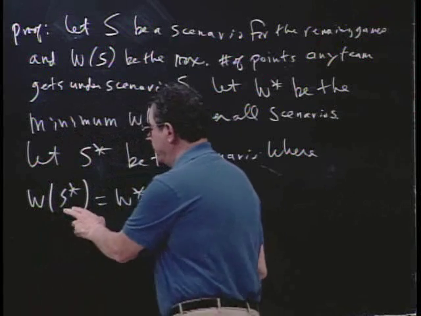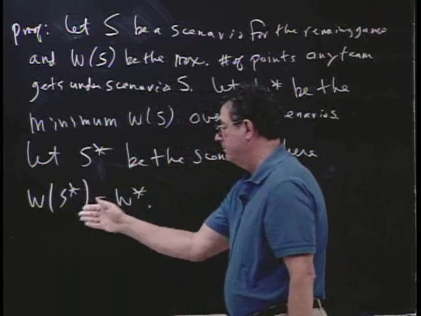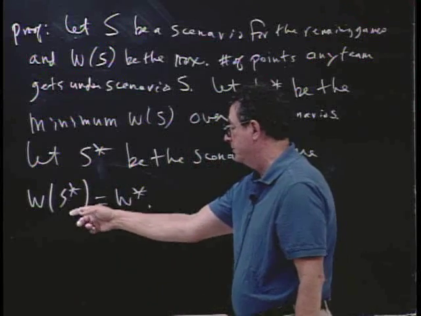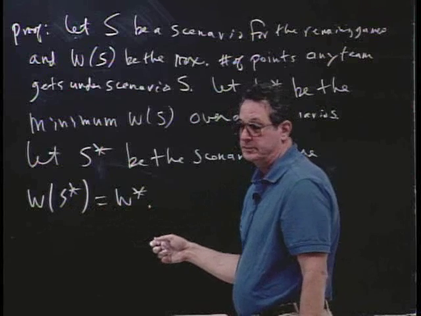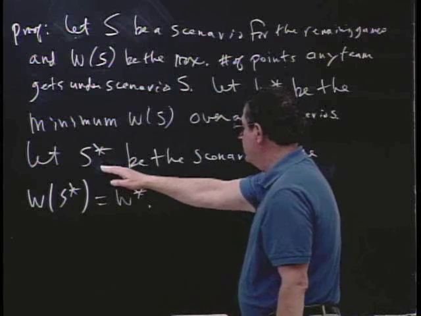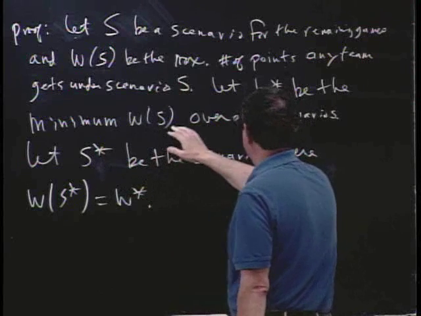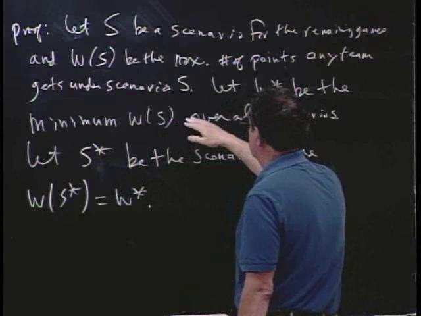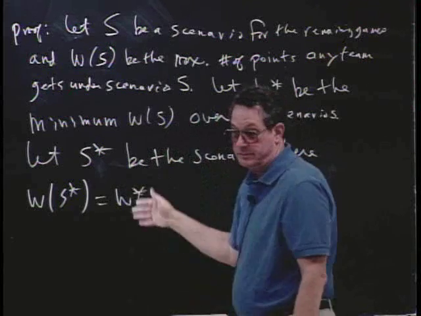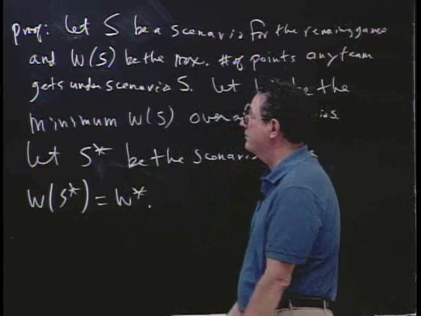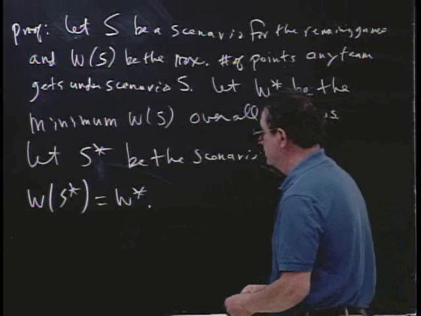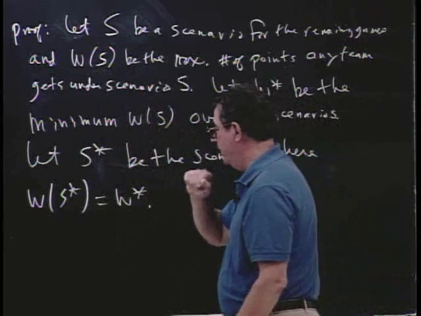So this is the scenario where the best outcome for any of the teams is W star. But again, W star is the minimum WS over all the scenarios. So we have this little bit of convoluted definition, but if you think about it, you'll be fine.